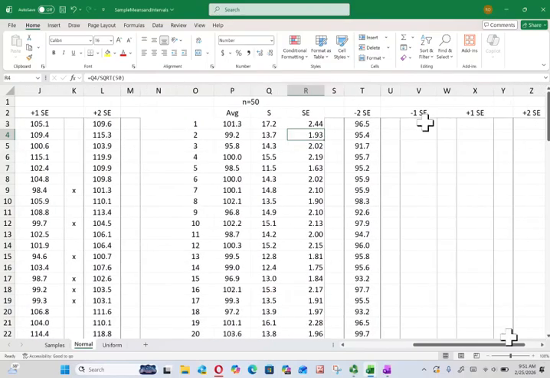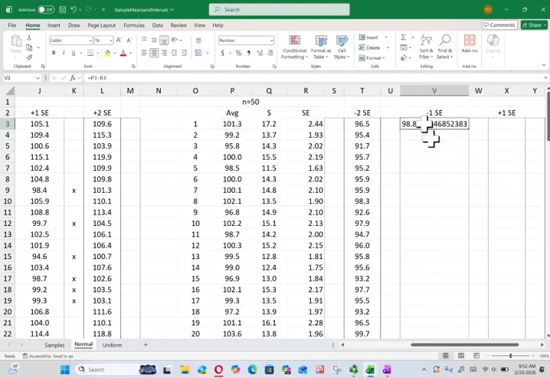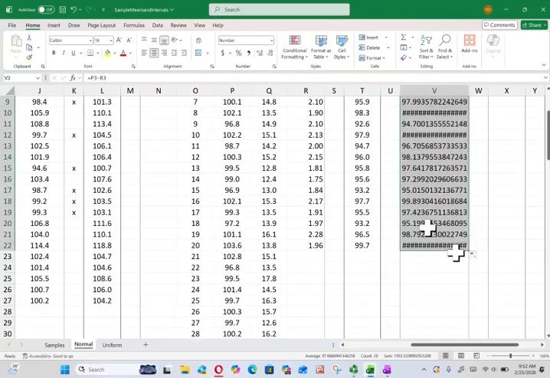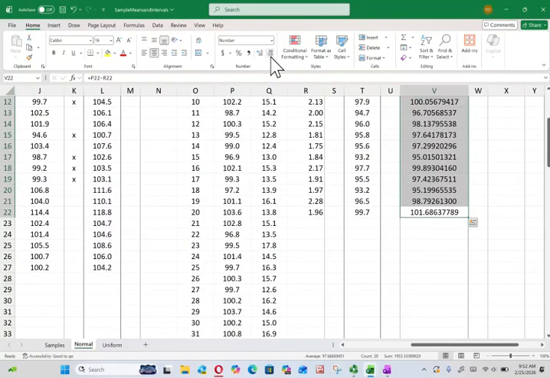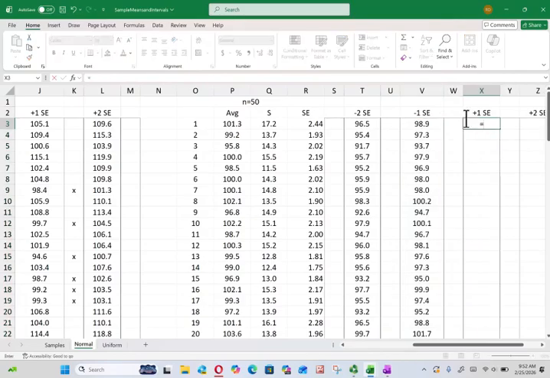Back here, I'm going to do one standard error down equals the average from each sample minus the standard error. I'm going to copy that formula down, and I'm going to make the column smaller. This one equals the average plus one standard error.